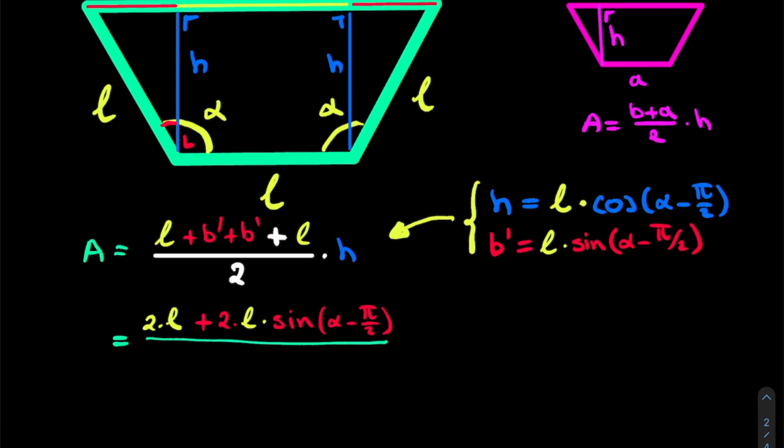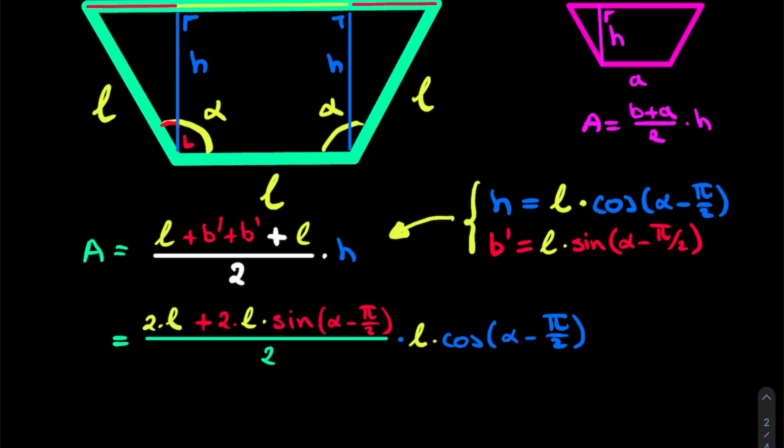We divide this by 2. And then of course we still multiply it by h. But h, as we know, can be rewritten as L multiplied by the cosine of alpha minus pi over 2. So this will be L multiplied by the cosine of alpha minus pi over 2.